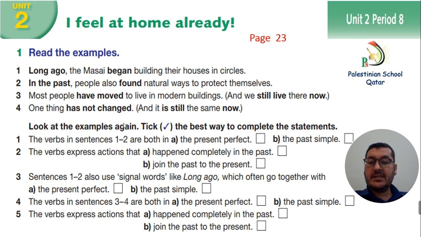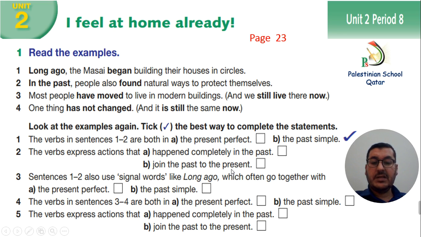Now look at the examples again and take the best way to complete the statements. The verbs in sentences 1 and 2 are both present perfect or past simple? Past simple. Number 2, the verbs express action that happened completely in the past or join the past to the present?